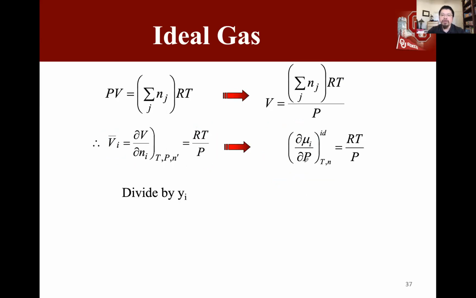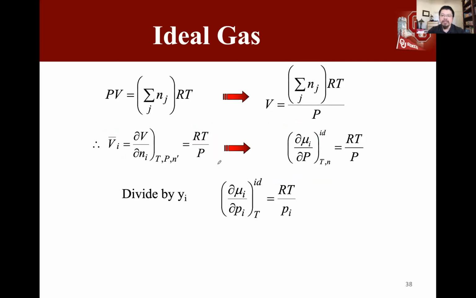So I'm going to manipulate this further by, number 1, dividing on both sides by Yi. With Yi in the denominator, this is the partial pressure of the i component. This Yi, put it inside, I'm going to have d partial pressure of that i component.